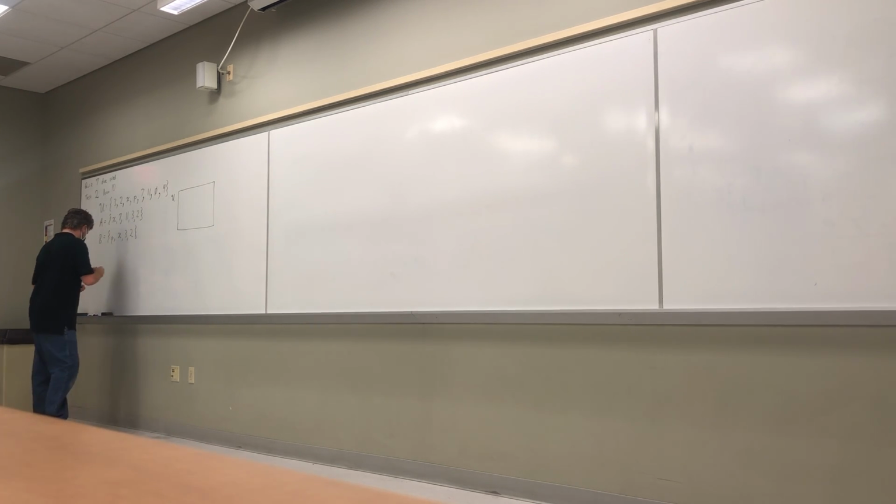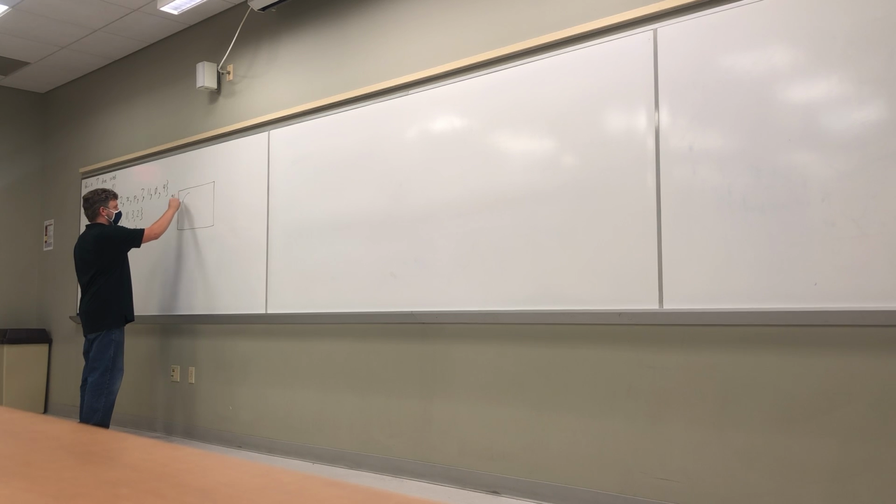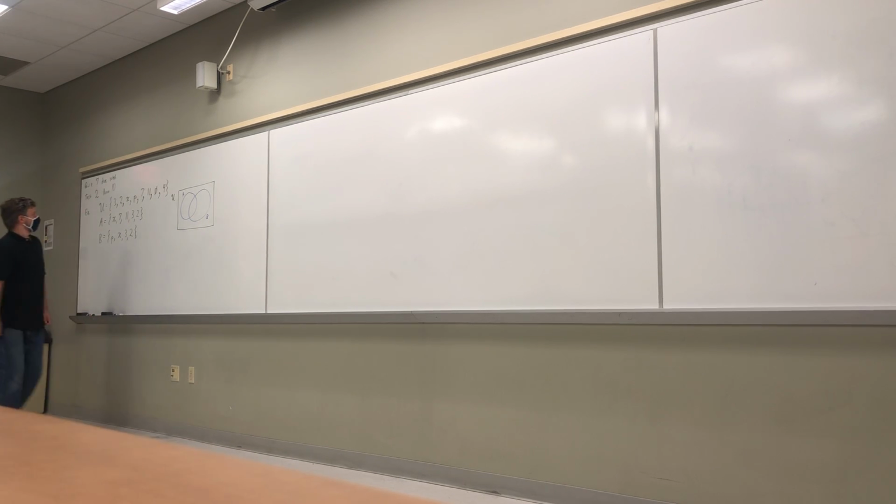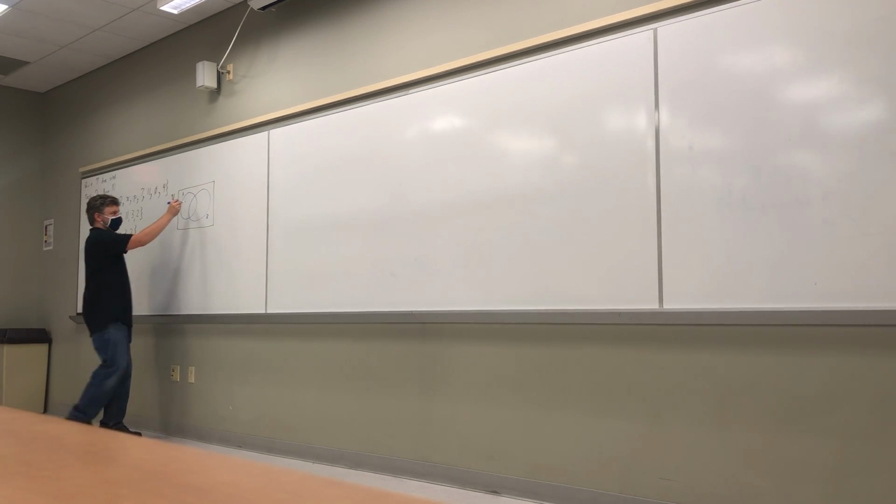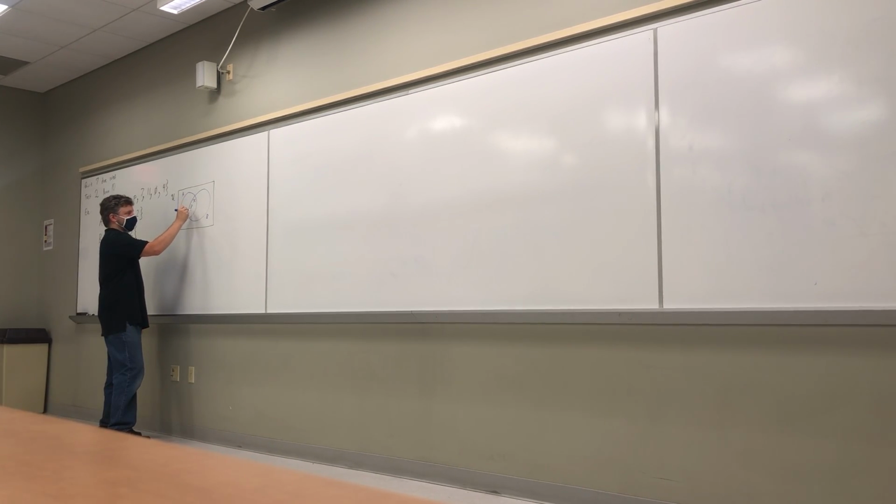So here's A and B and U. A has x, 7, 11, 3, and 2. And I noticed that B has x, 3, and 2 also. But A has 7 and 11.